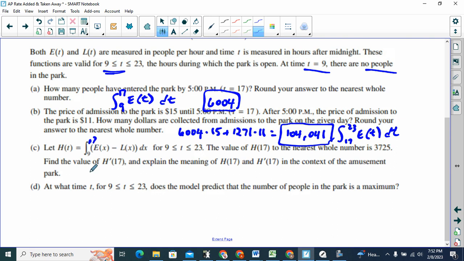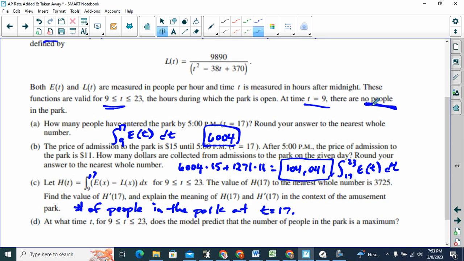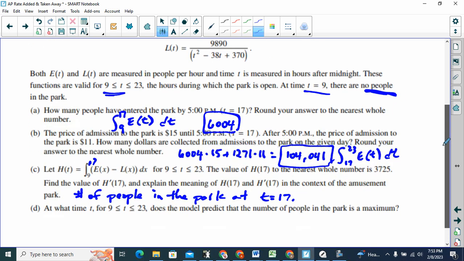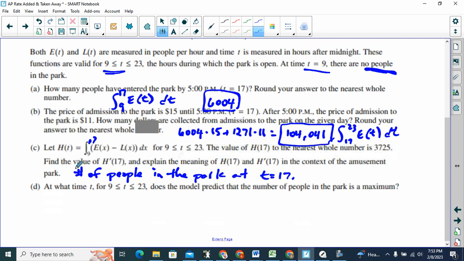So this is going to be the number of people in the park at t equals 17. And notice this is only true because there's nobody in the park at time 9. If there were people in the park at time 9, you could not state this.